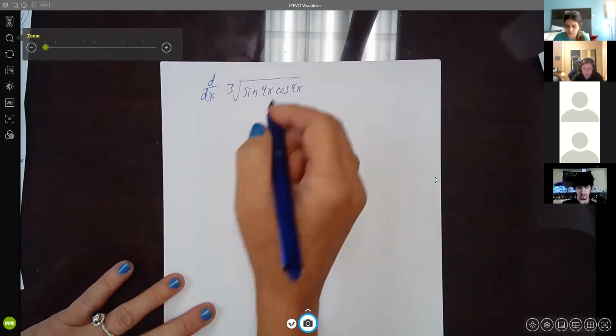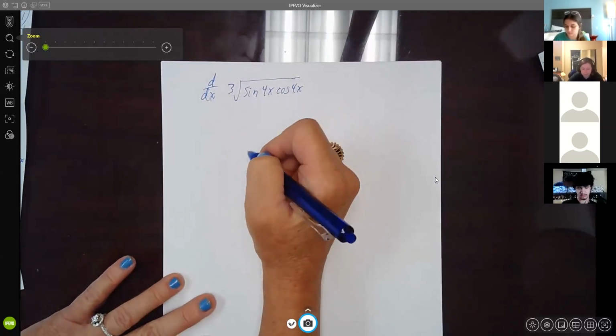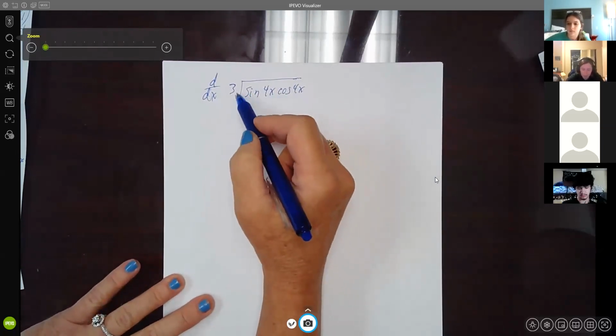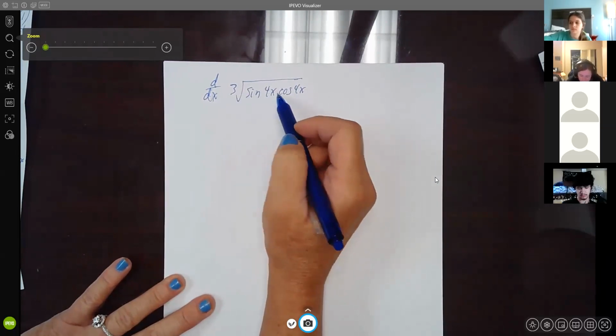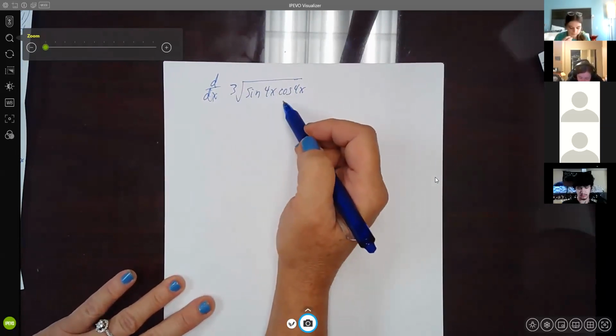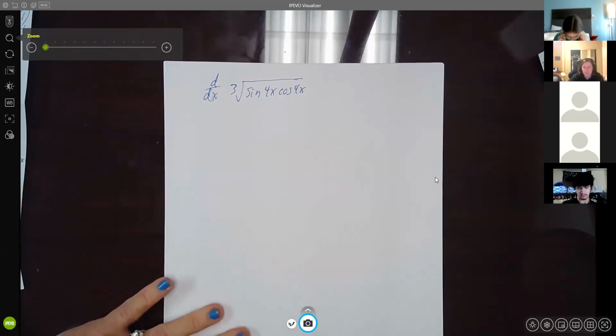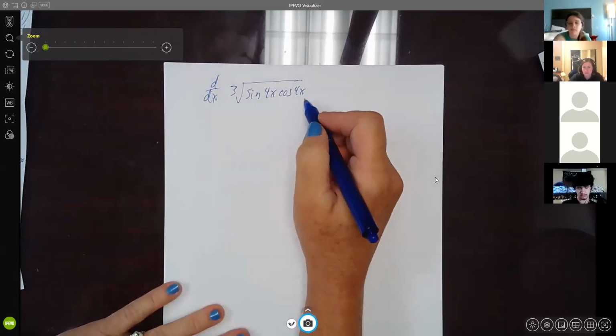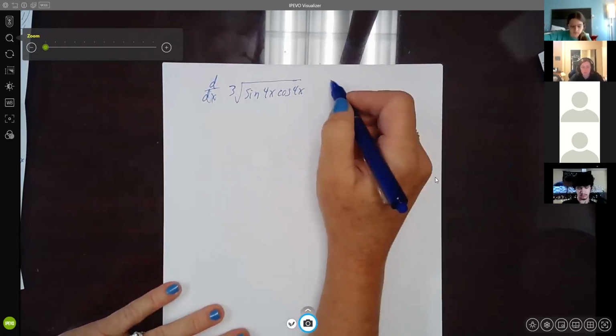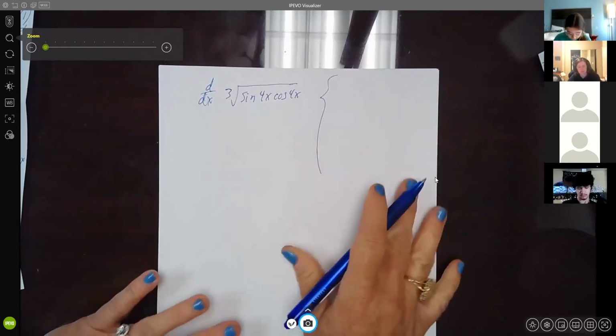Here's what you need to know. Now you could make this into a chain rule with an embedded product rule, and it'll be kind of nasty. It'll be a mess. There's a much easier way to go about this problem. I'm going to show you the easy way. It's just simply knowing one of your trig identities, and that is this identity over here.